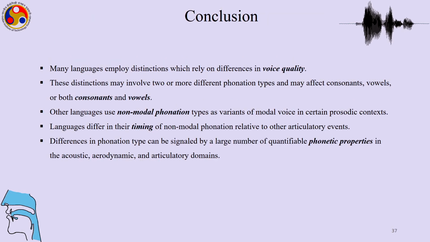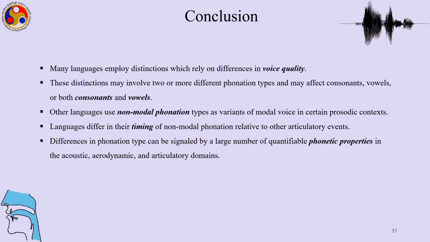Concluding all these properties that we just saw, articulatory, acoustic, etc., many languages employ distinctions that rely on differences in voice quality, and these distinctions may involve two or more different types and may affect vowels, consonants, or both consonants and vowels.